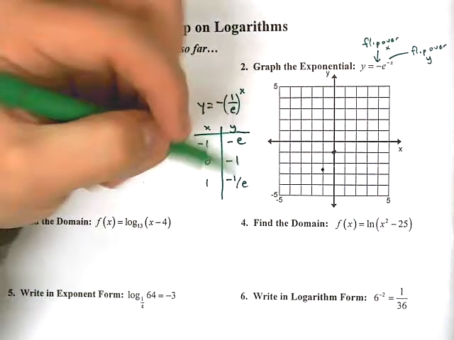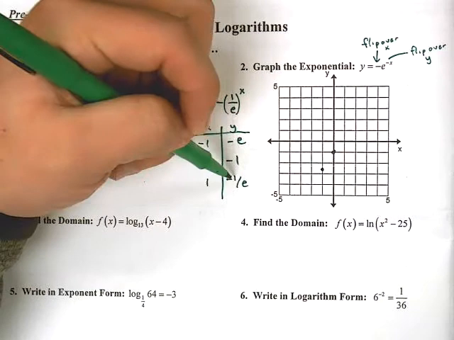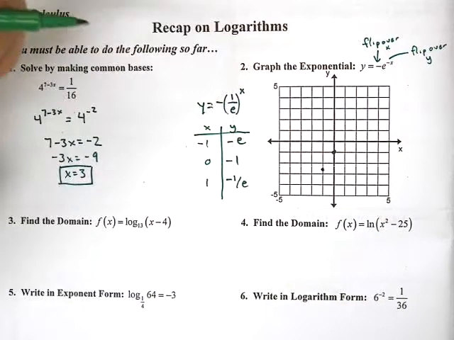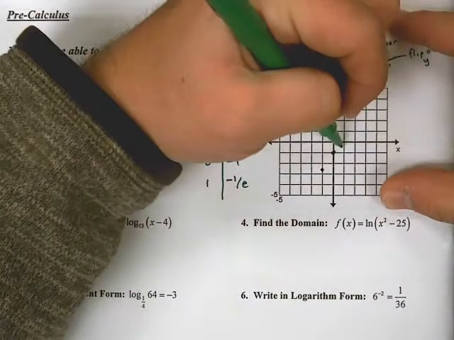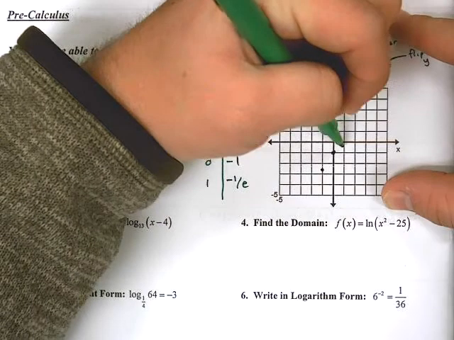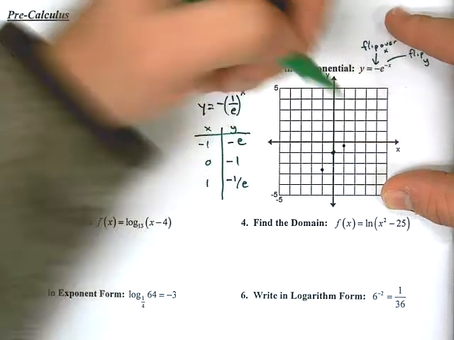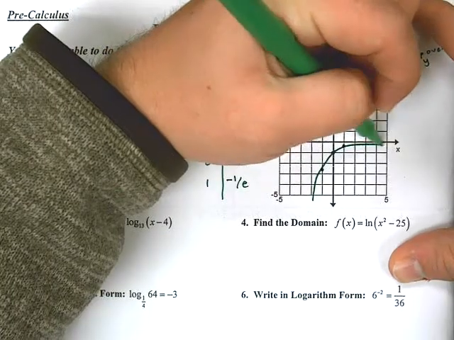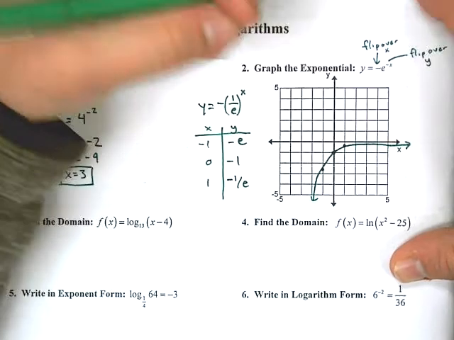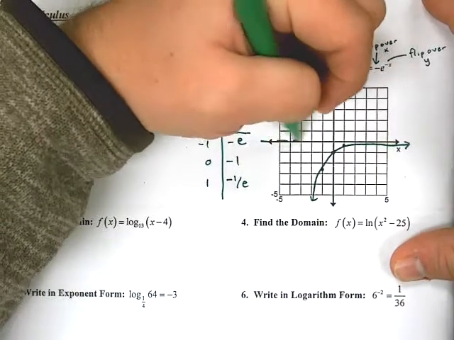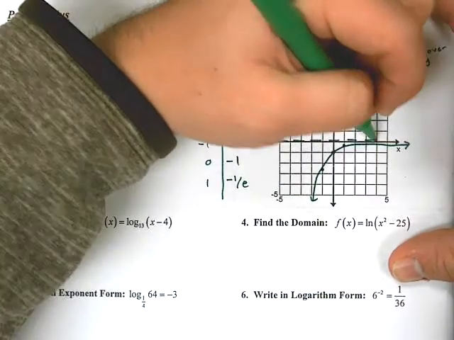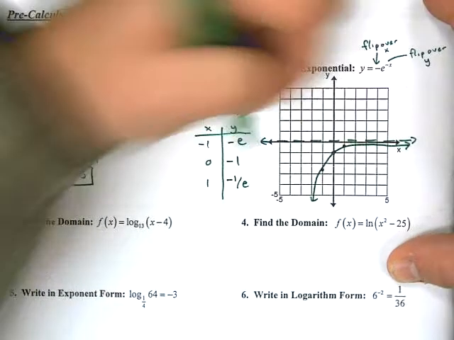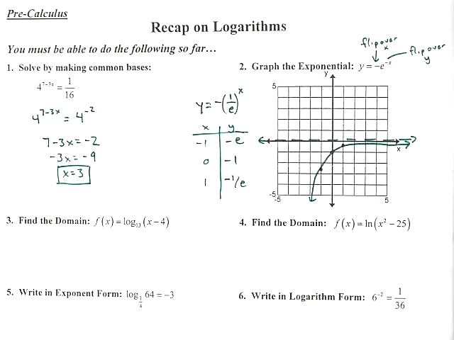And then lastly, negative 1 over e, negative 1 over 2.7, I'm thinking that's around negative 0.2, so I just do my best job I can to sketch that, and I draw in my exponential. If you want, remember there is a horizontal asymptote, so that's not a bad idea. If you need to sketch that to remember that it's there, do it.